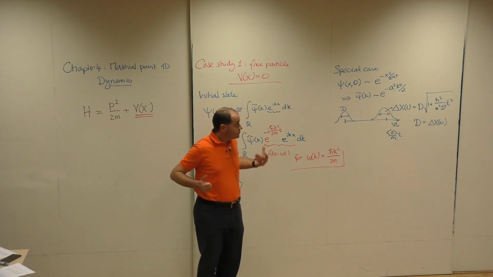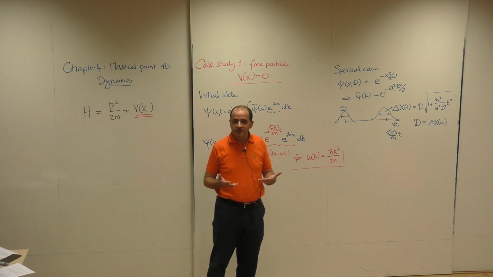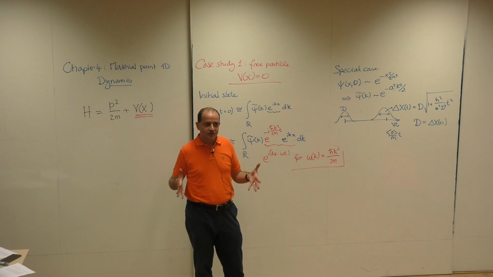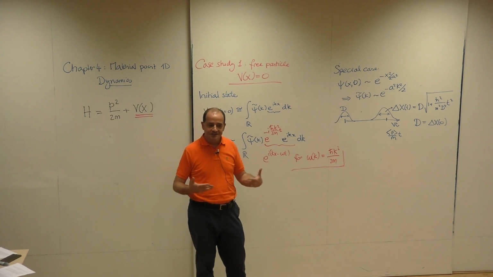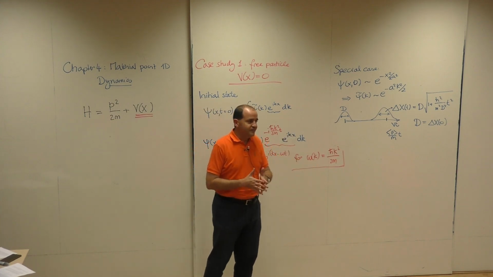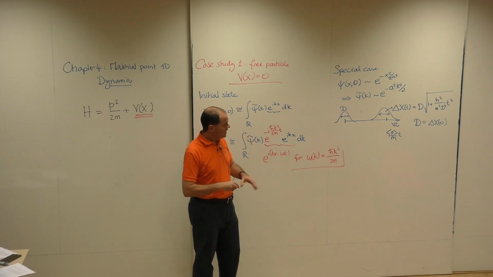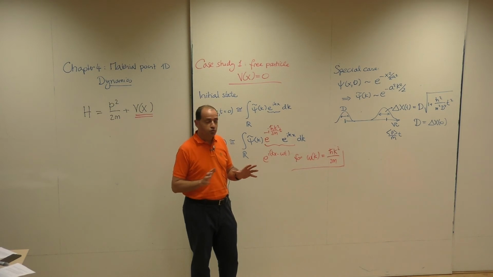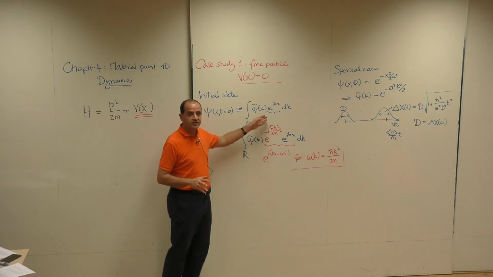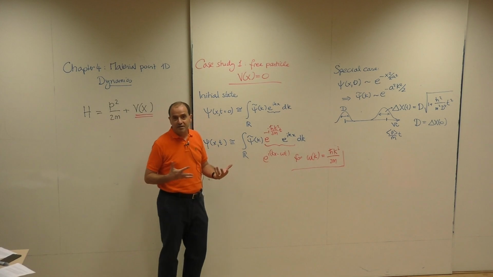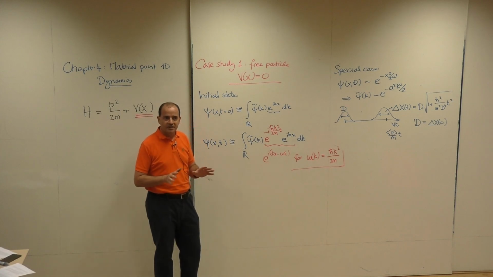Because this free particle is something that, in a lab, at some point you hit the walls, and there are all kinds of potentials going on, gravitational potential, confining potentials of the wall, and so on. So this is a very special case, but it already gives you a little bit of feeling on how to deal with wave functions, how to use our famous recipe that once we have the diagonal version of the Hamiltonian, we can solve exactly the dynamics, and that the dynamics is not too different from the classical one, but there are some subtle differences.